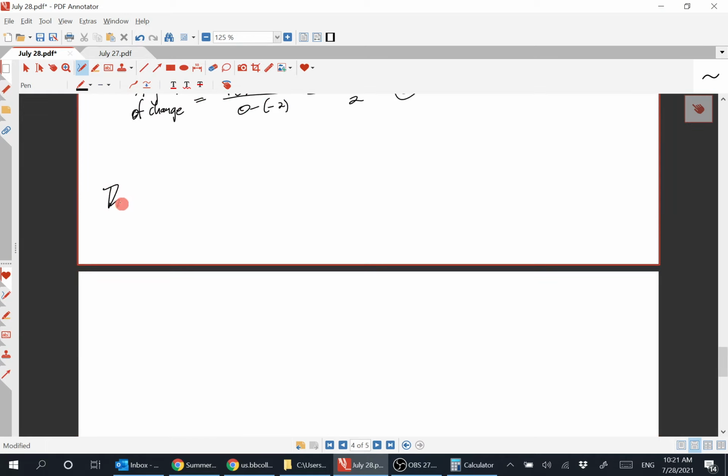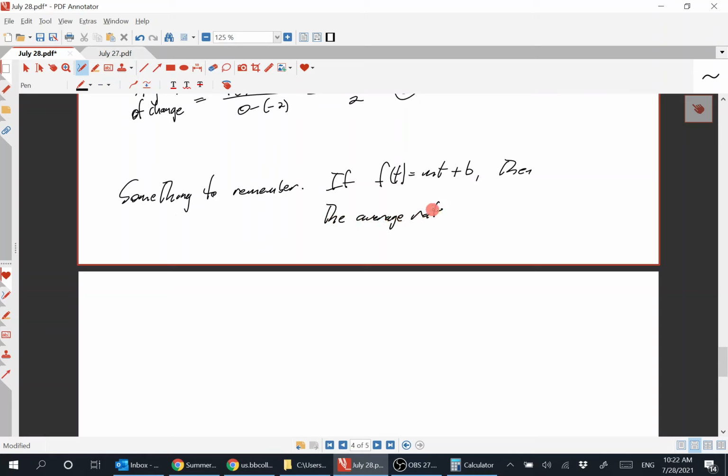Right, and a thing to remember: if f of t is equal to mt plus b, then the average rate of change for f of t over any interval is the slope m. So for a linear function, the average rate of change is a constant no matter what, always the same.